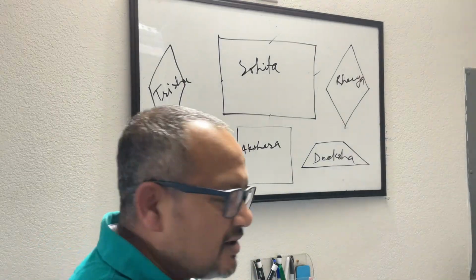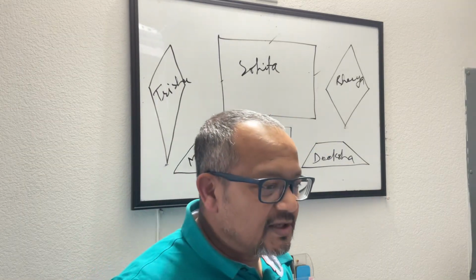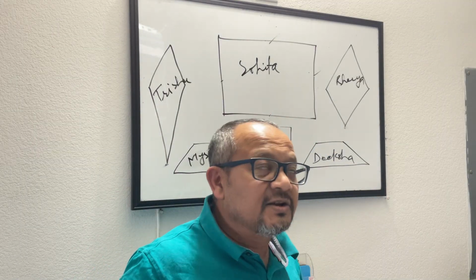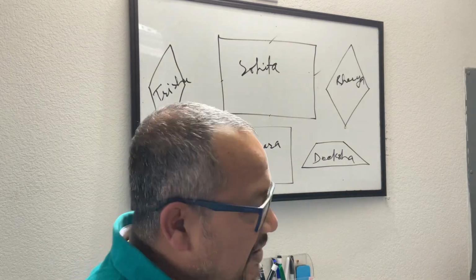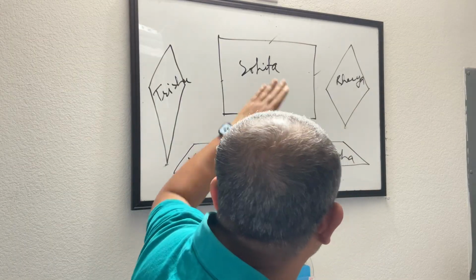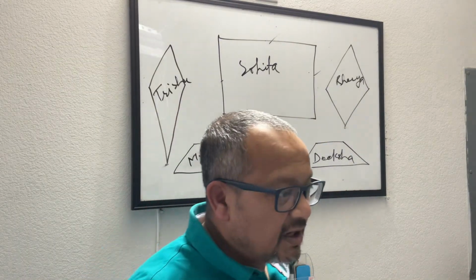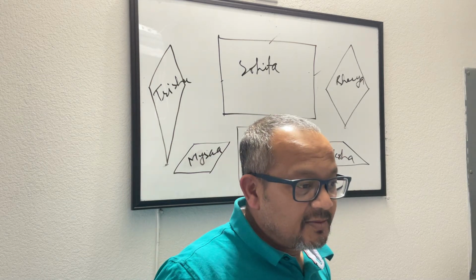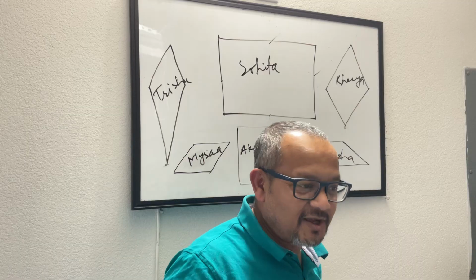So now we know the shape of all these names, and the name of these shapes. If people ask what are different types of quadrilaterals, you will say Sohita, Riya, Diksha, Akshara, Moira, and Trisha. And people will laugh at you because these are not quadrilaterals, these are girls, these are babies.